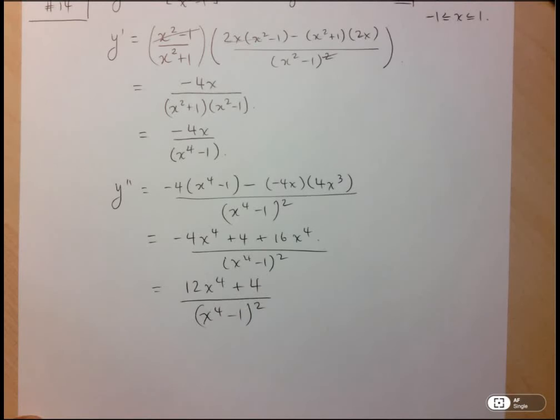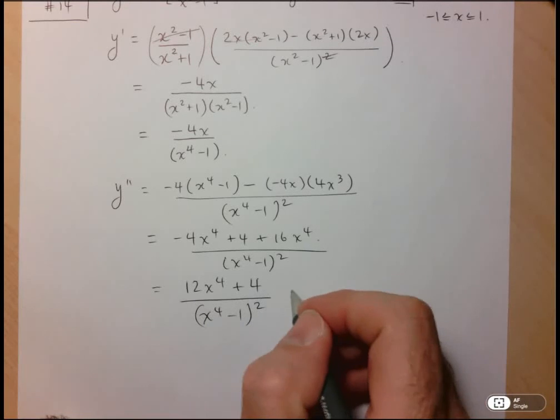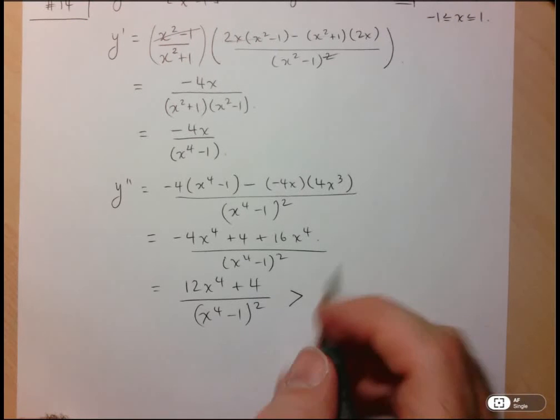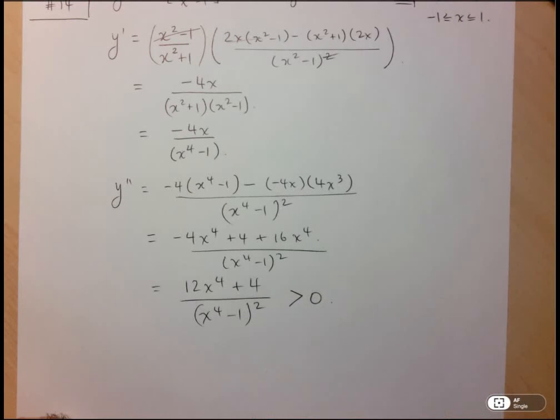And we see that this expression is always positive, since the numerator is always going to be positive and the denominator is always going to be positive. And so this is greater than 0.